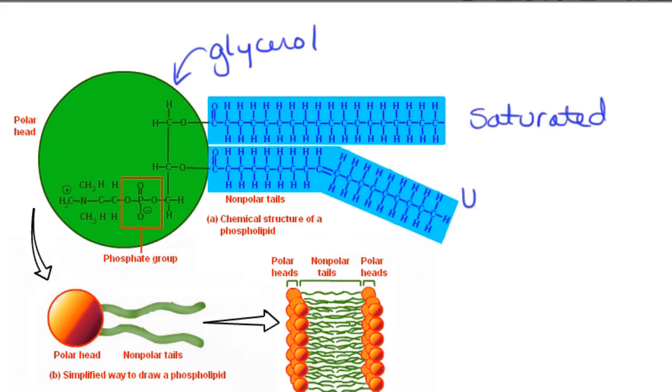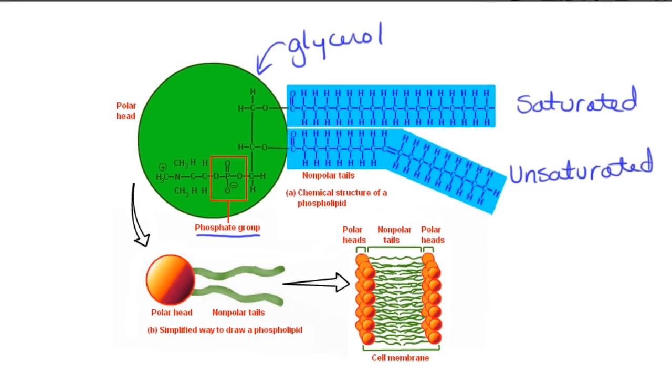And then this one is going to be our unsaturated. And then over here, we have that phosphate group that we talked about. And many times, you do have something else attached to the phosphate group. We do see that here, and a lot of times that does contain some nitrogen inside of it.